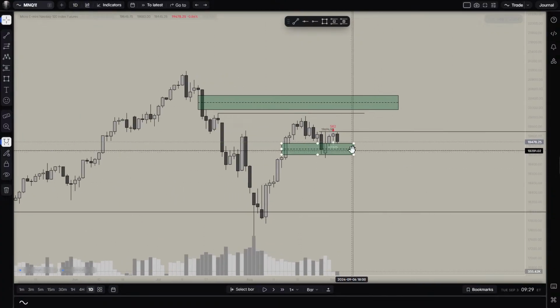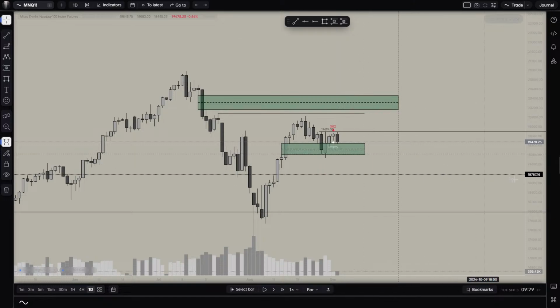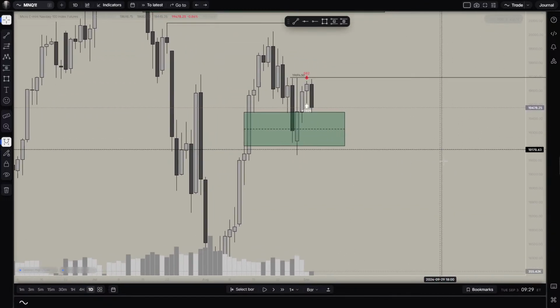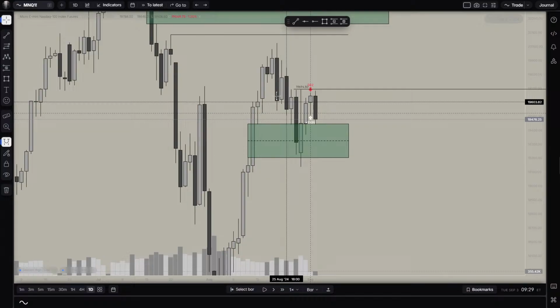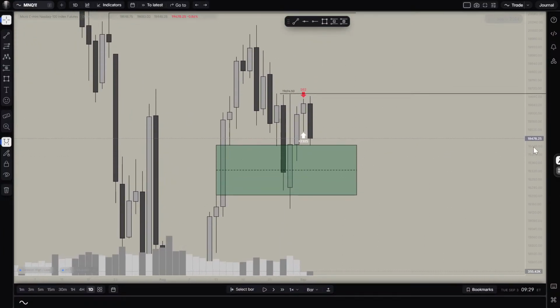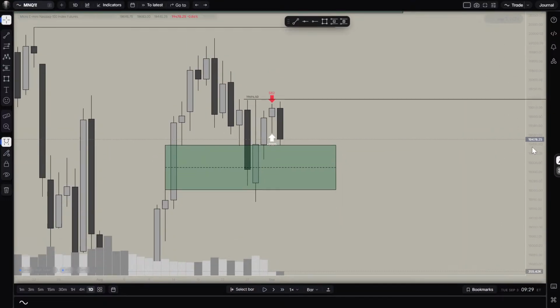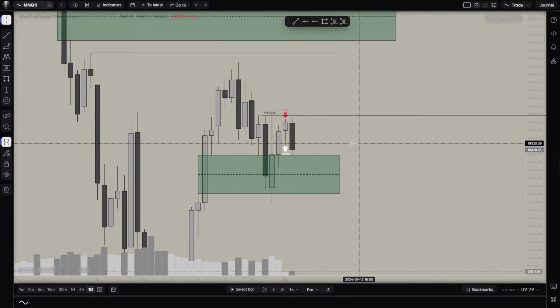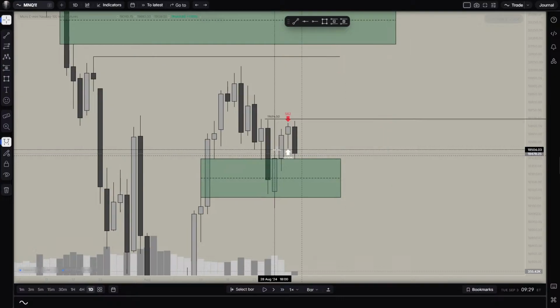Let's look at how price is behaving. Okay, we still have these highs left, so it needs to take them. Do we have a gap here? No, we do not. Price is tapping into this gap again. It has taken the previous daily low.